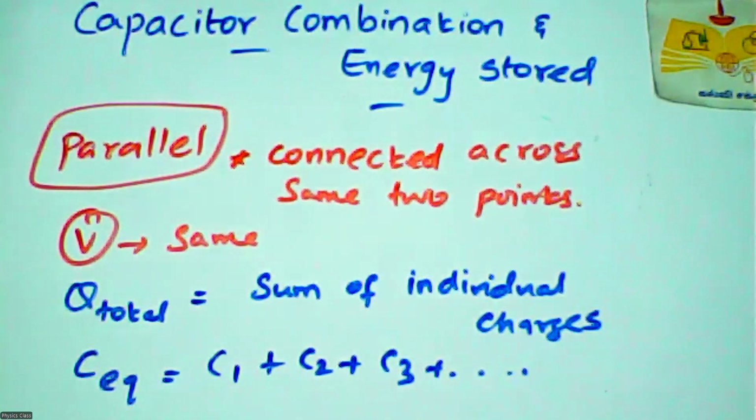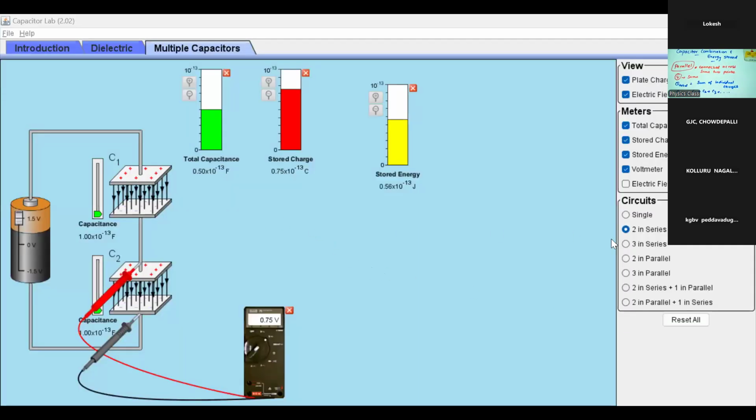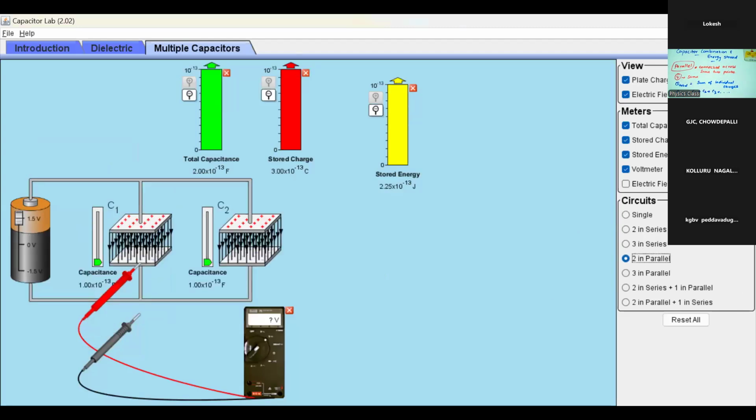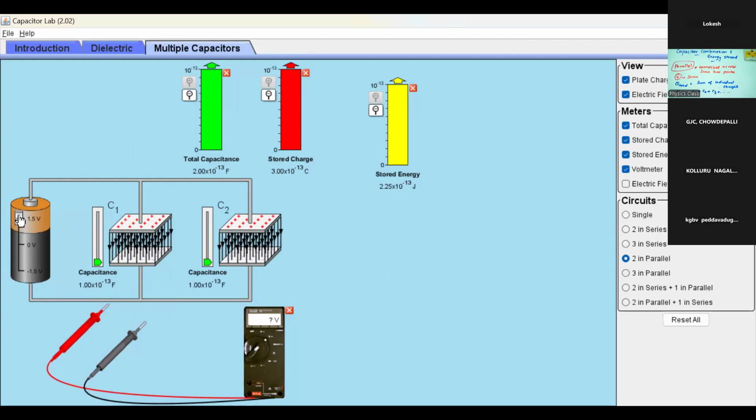Now I will share the screen again for the demonstration of parallel combination. Okay, right. Now we can choose the two in parallel like that. Two capacitors are connected in parallel. So here capacitance 1 farad, battery 1.5 volt. Now we can check the voltage across each capacitor.